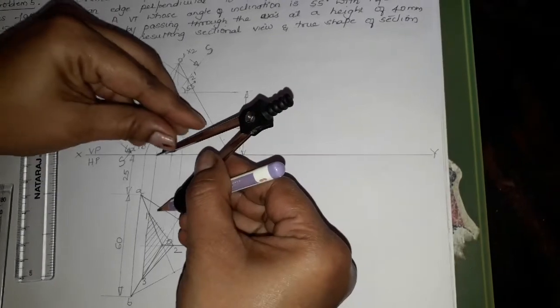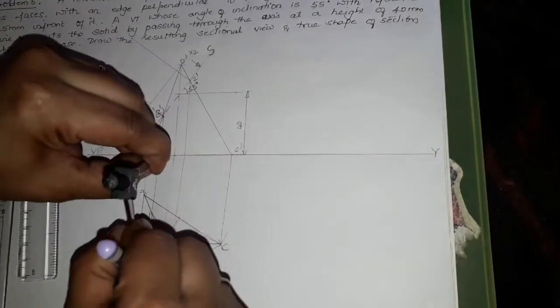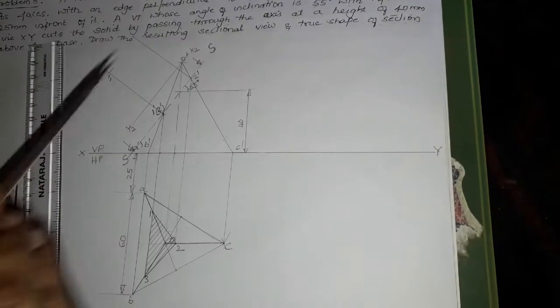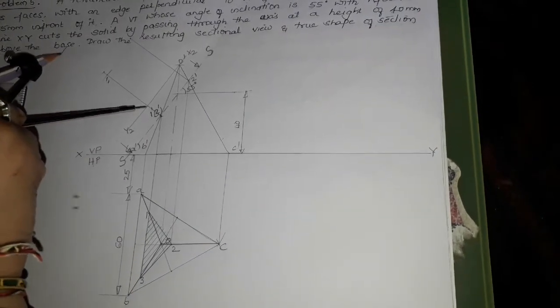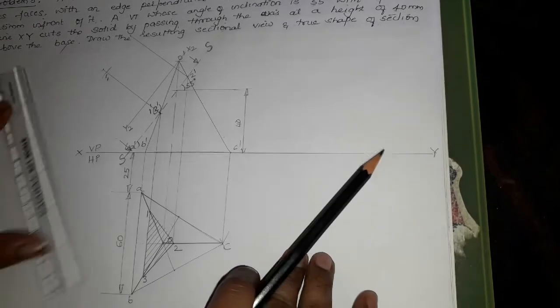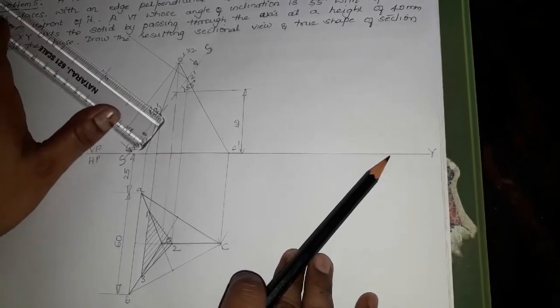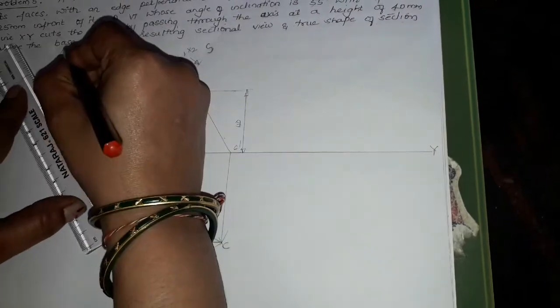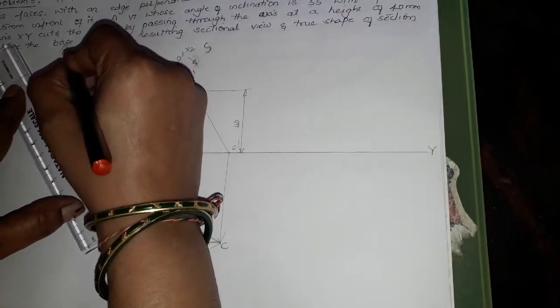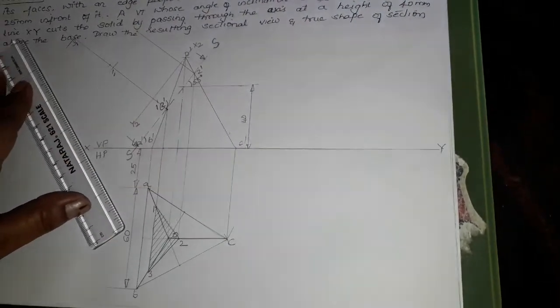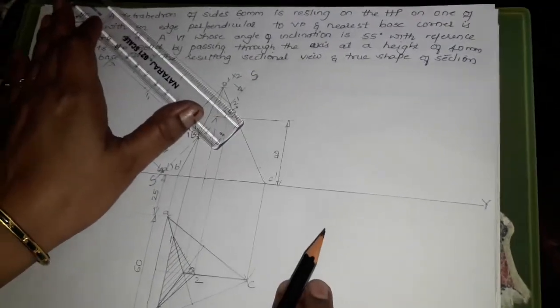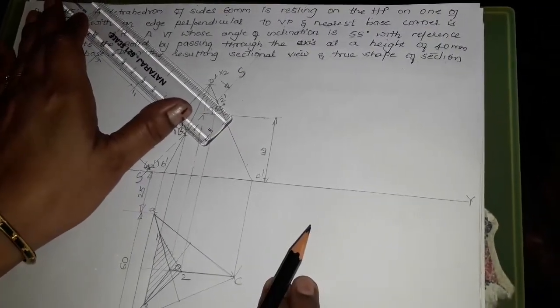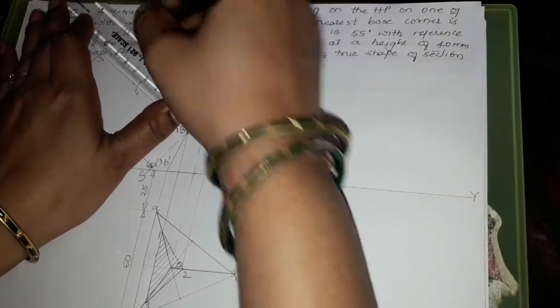Similarly, I will measure 1 and 3, keep it on the same point and cut an arc. Since my line needs to be extended, I am extending this. This arc has to be extended, so it will meet at the point 3 suffix 1. Another line, this parallel line, I will also extend, because my arc may not be able to cut it.